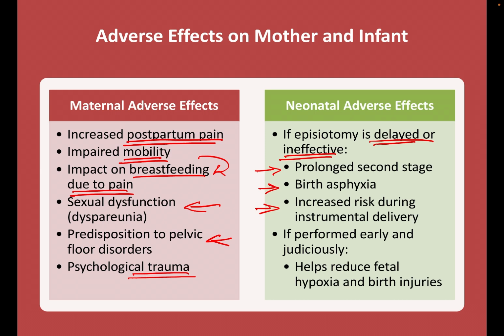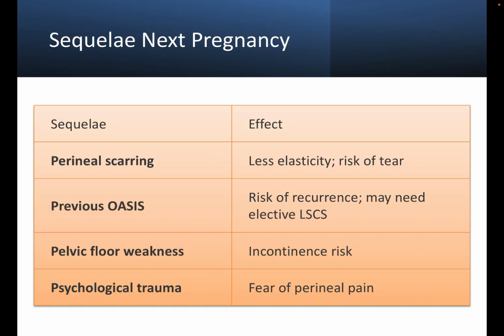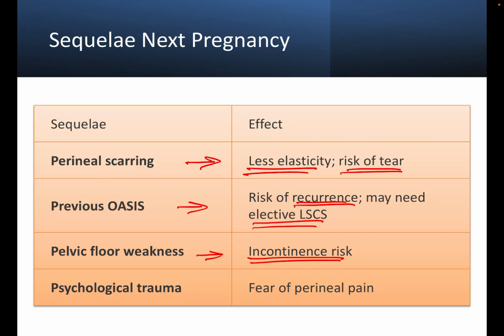If performed early and judiciously, it can help reduce fetal hypoxia and birth injuries. What happens after that? There will be perineal scarring, which results in less elasticity and risk of tear. Previous tears can cause risk of recurrence and may need elective LSCS, with pelvic floor weakness, incontinence risk, and psychological trauma resulting in fear of perineal pain.